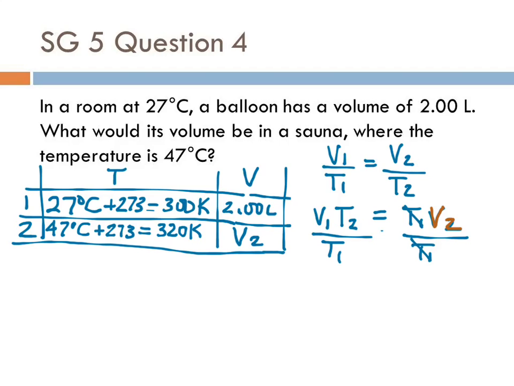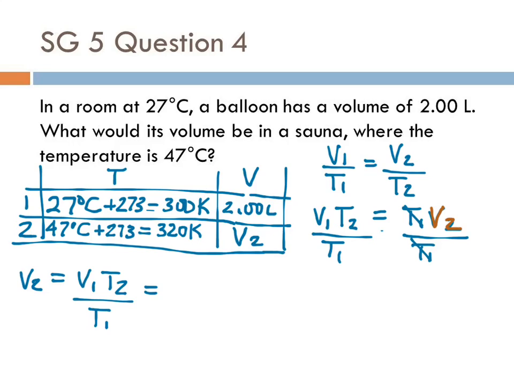So now we have our equation: V2 equals V1 T2 over T1. And this is not the only way to get that equation. It's not the only way to do the problem, but it is the way that seems to work the best for beginning chemistry students. And since that's what you are, that's what we're going to do.